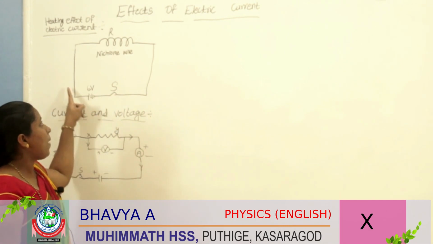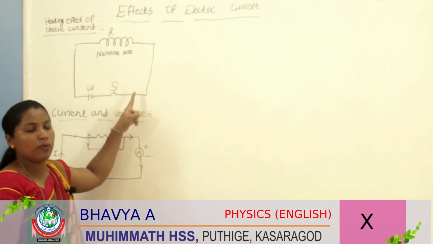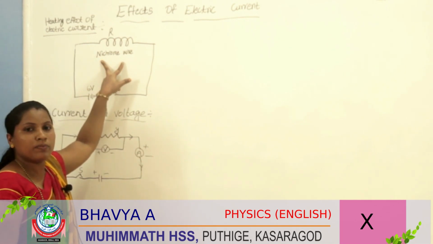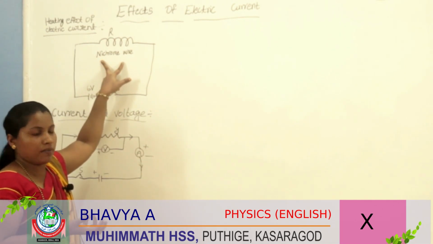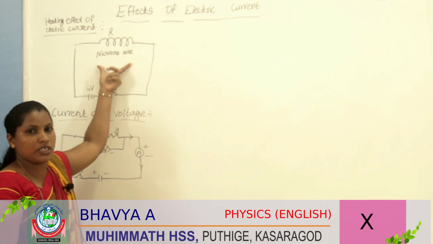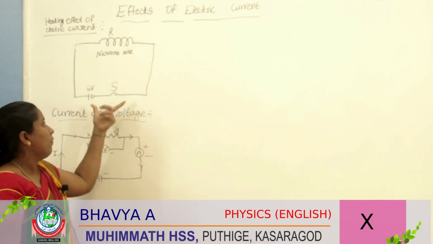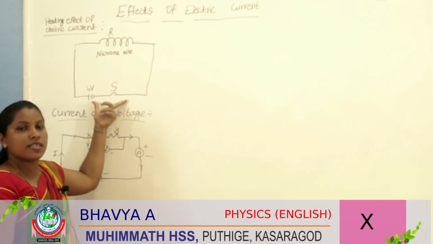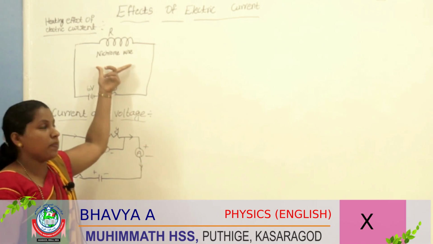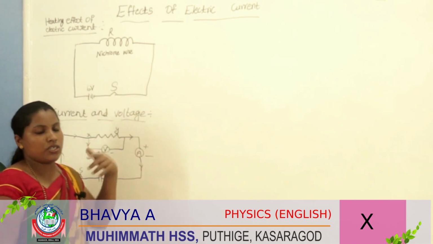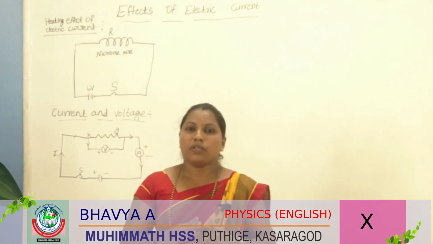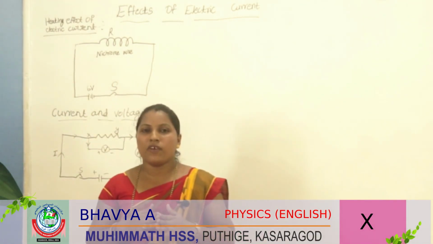Here current passes through the circuit, no? So, this nichrome wire starts to heat, and it finally becomes red hot. So, when you pass electricity, it is converted to which energy? Heat energy, no? It becomes red hot. So, electrical energy is converted to a different useful form of energy.